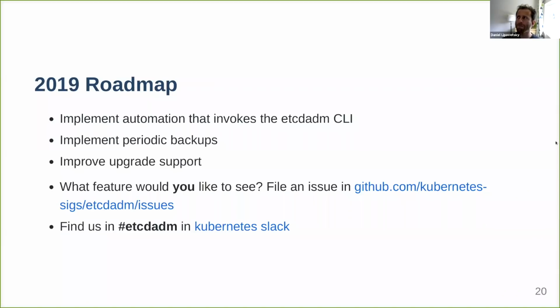So taking the data directory, you can start etcd with that same data on a different machine, but it won't be able to join a cluster unless that cluster's members list is updated to the new network identity.